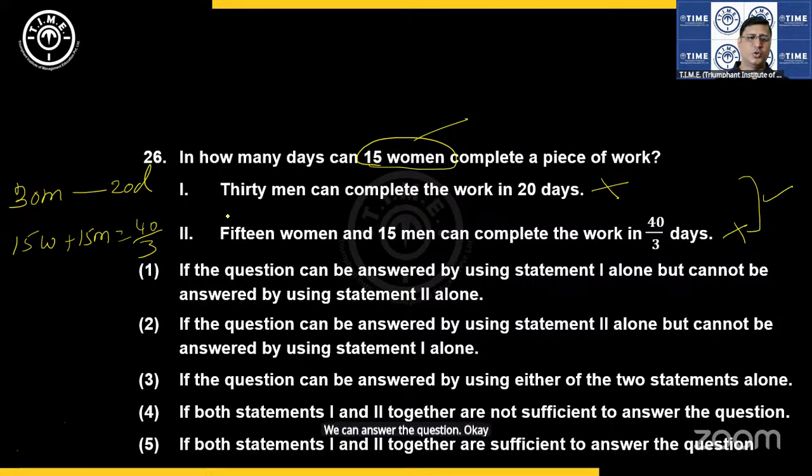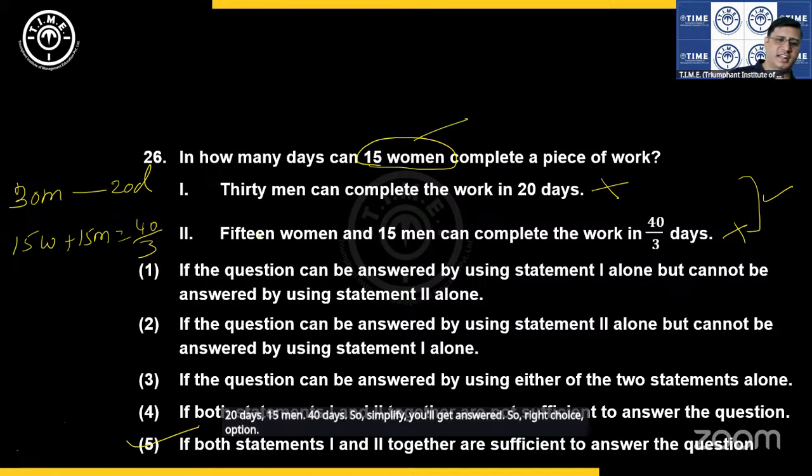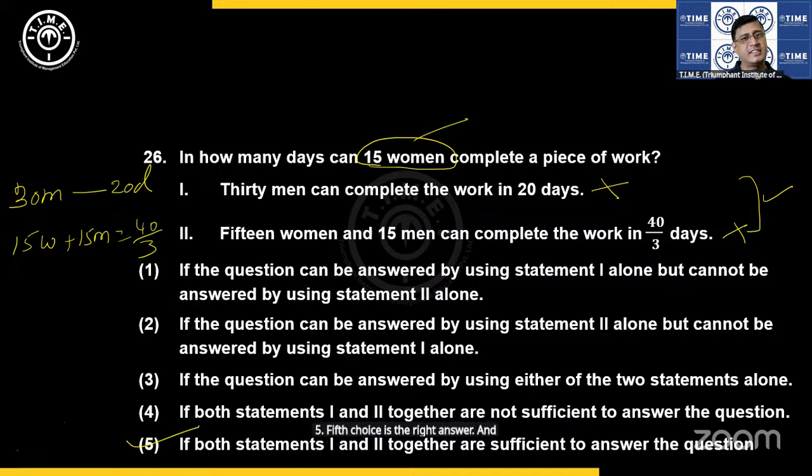So 30 men, 20 days, 15 men, 40 days. Simplify and you will get the answer. So the right choice is option 5. The fifth choice is the right answer. When the number of men decreases, days increase.